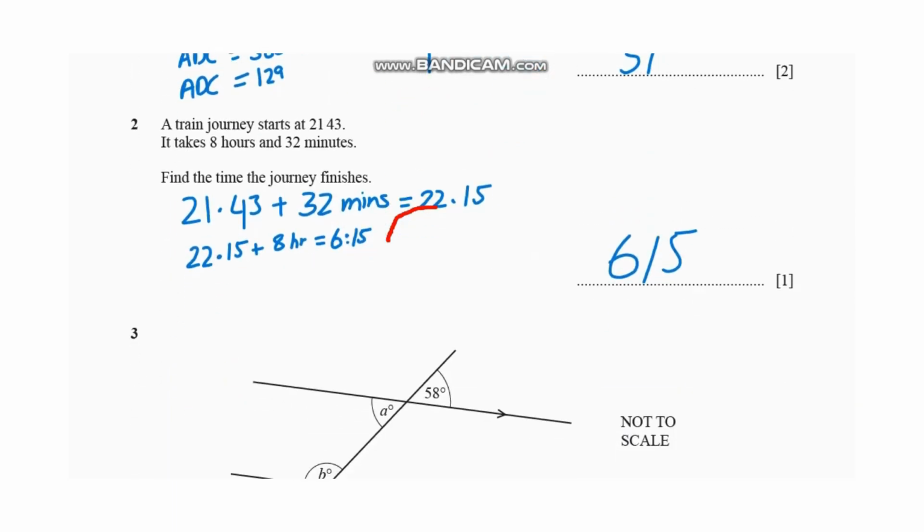The second question states, a train journey starts at 21:43. It takes 8 hours and 32 minutes. Find the time the journey finishes. So what we will do is take 21:43 plus 32 minutes.